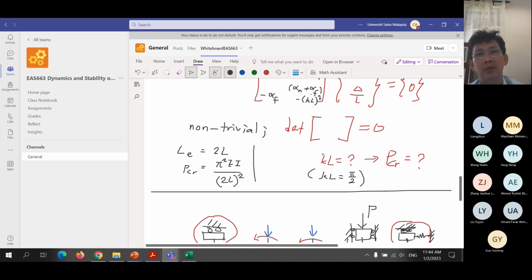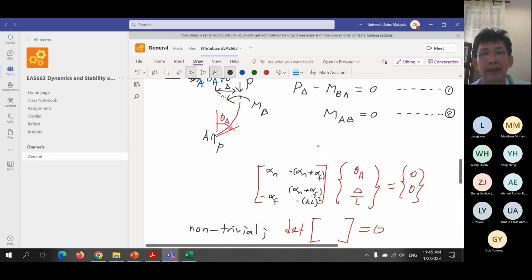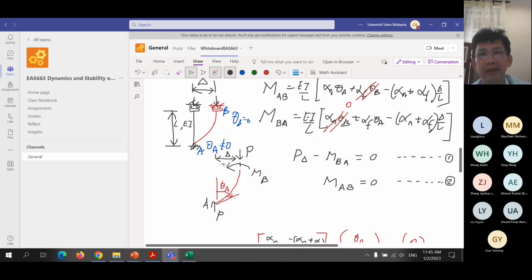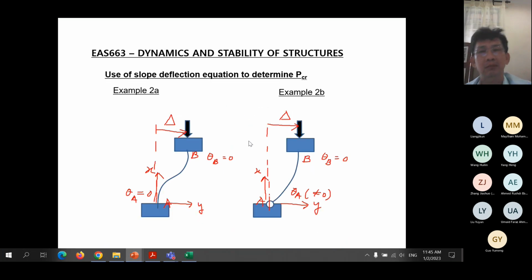So that is how we solve this example 2b, where you have non-zero end rotation theta A, and also you have possible end translations. So that gives us the solution process for structures of a problem where there are end translations.